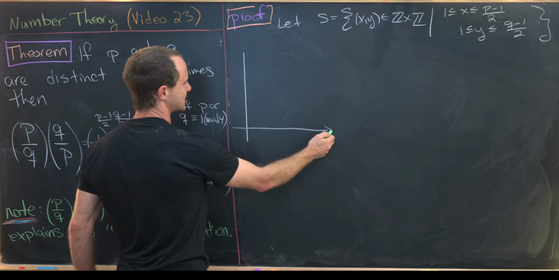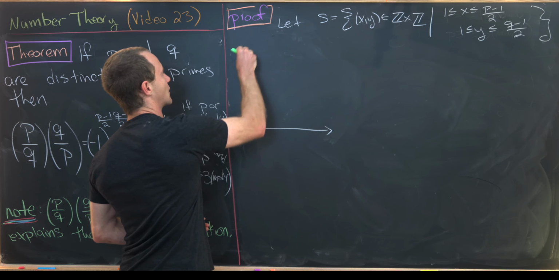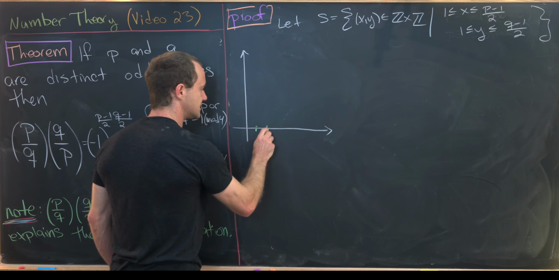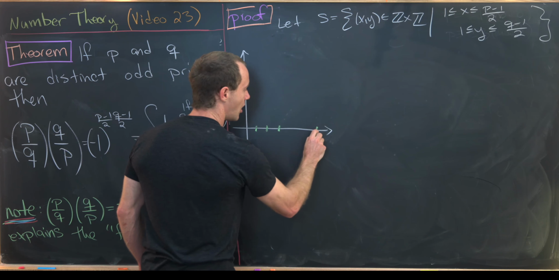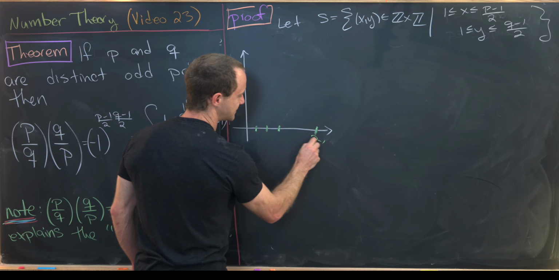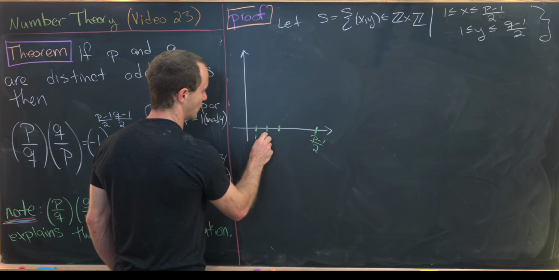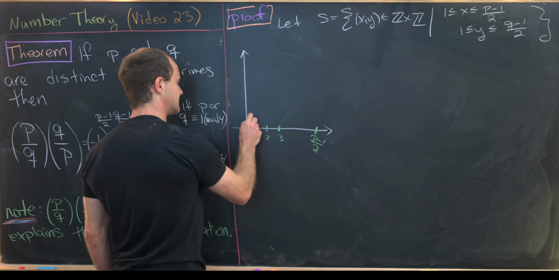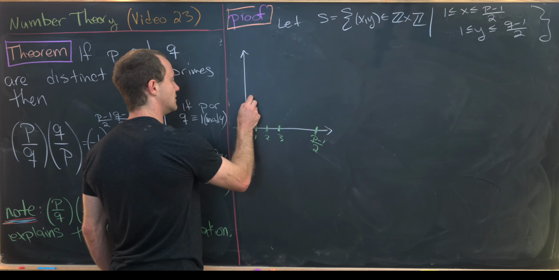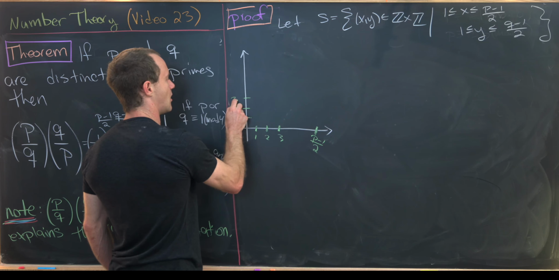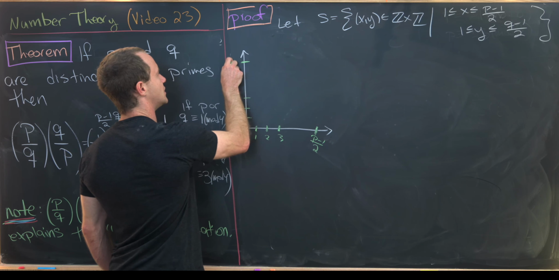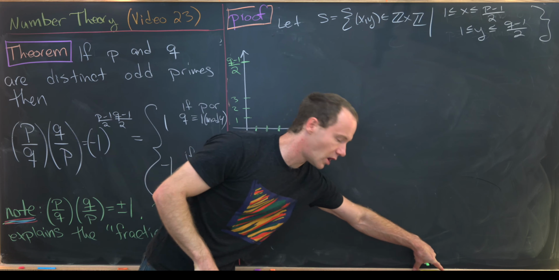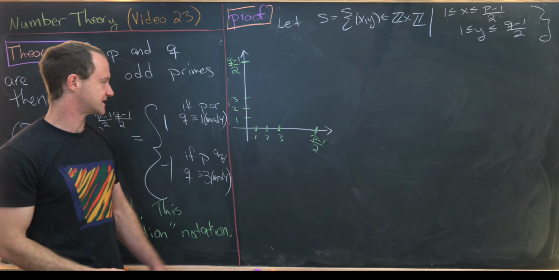Okay, so here's our x-axis, here's our y-axis. And we'll want points here from 1, 2, 3, all the way up to this point right here, which is (p minus 1) over 2. Then along the y-axis, we'll want 1, 2, 3, all the way up to (q minus 1) over 2. And so we want all lattice points that are in the intersection here.